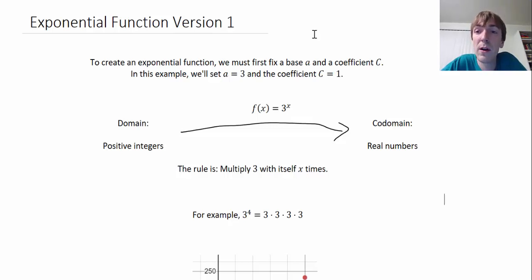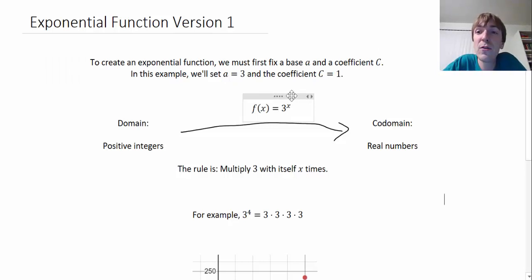So in this example we are constructing right now, we're going to set the base to be 3. And we're going to make the coefficient equal to 1 so that it basically goes away. That's just going to clean things up in our first example. So we're going to talk about the function f of x equals 3 to the x.